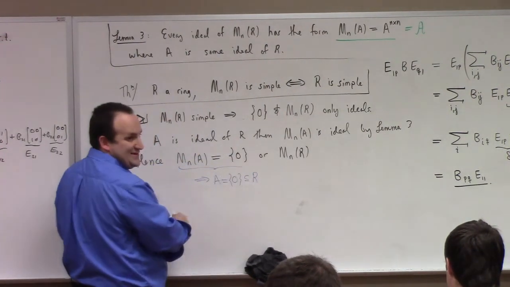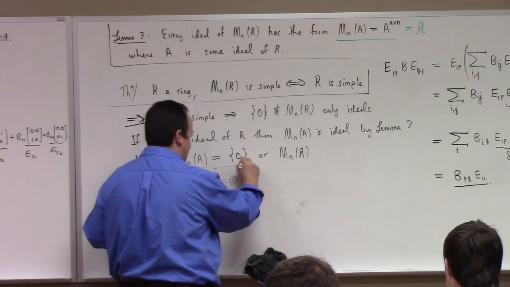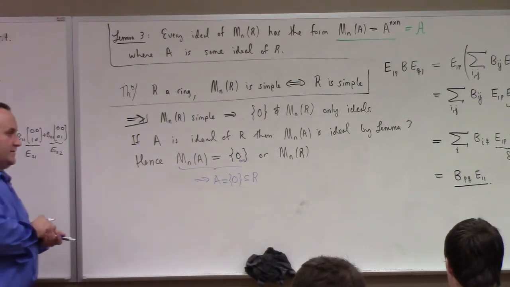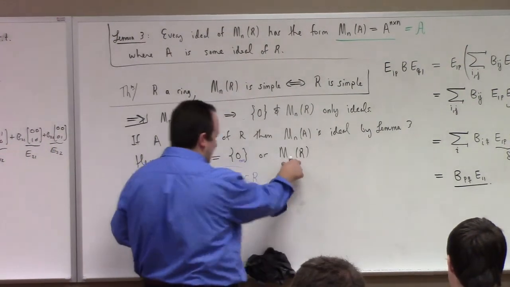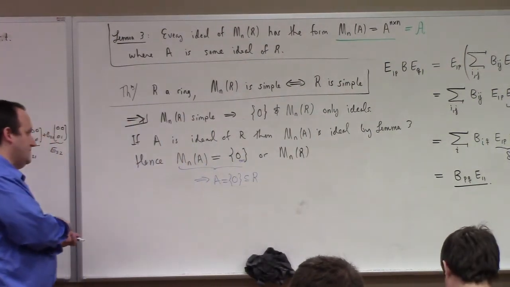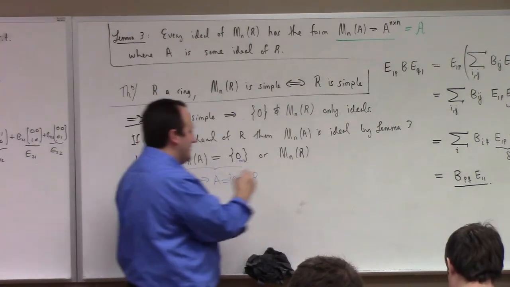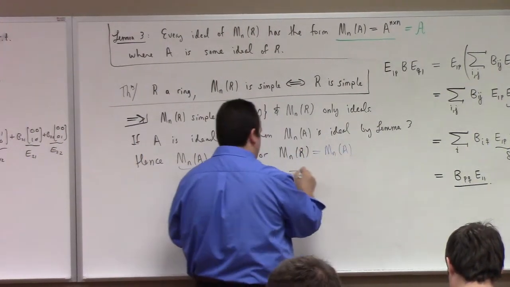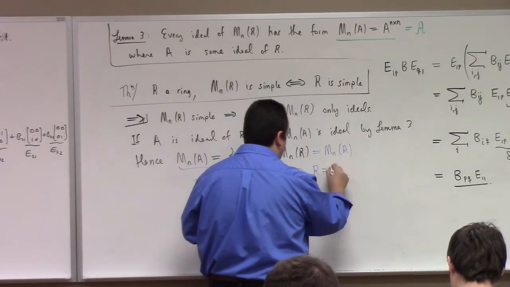This is the 0 matrix, that's an n by n. And on the other hand, if you have M_n(R) equal to M_n(A), what does that say? This implies that R is equal to A, right?